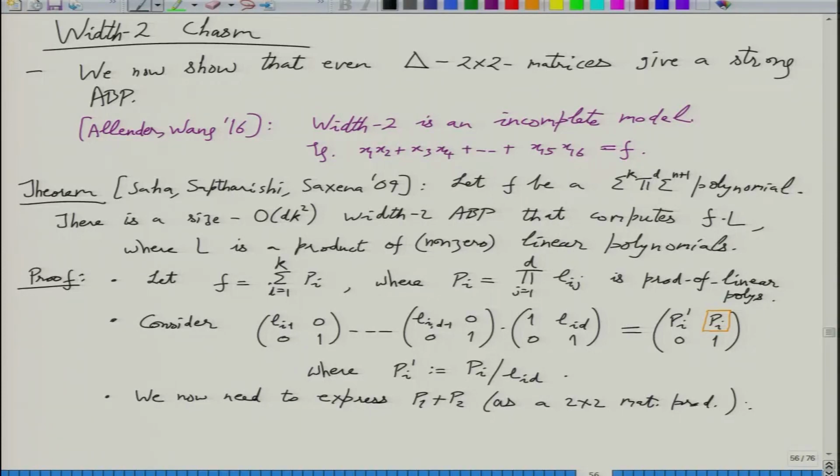Right. So what do you do? Well, we will not really express P1 plus P2, but we'll get some multiple of P1 plus P2 as a product of 2 by 2 matrices, assuming that we have a representation for a multiple of P1 and a representation for a multiple of P2. So let us go to the next.